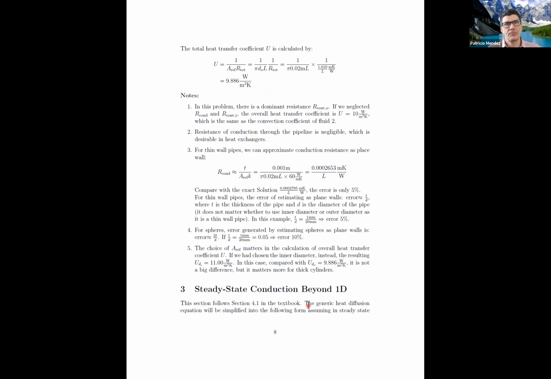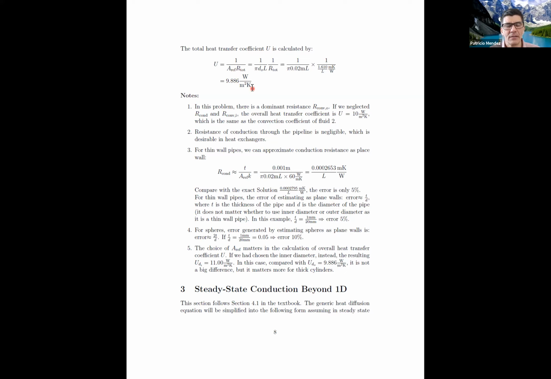When we calculated the overall heat transfer coefficient using the outer surface of the pipe as the reference area, we got to the conclusion that the overall heat transfer coefficient was almost the same as the heat transfer coefficient of convection on the surface.